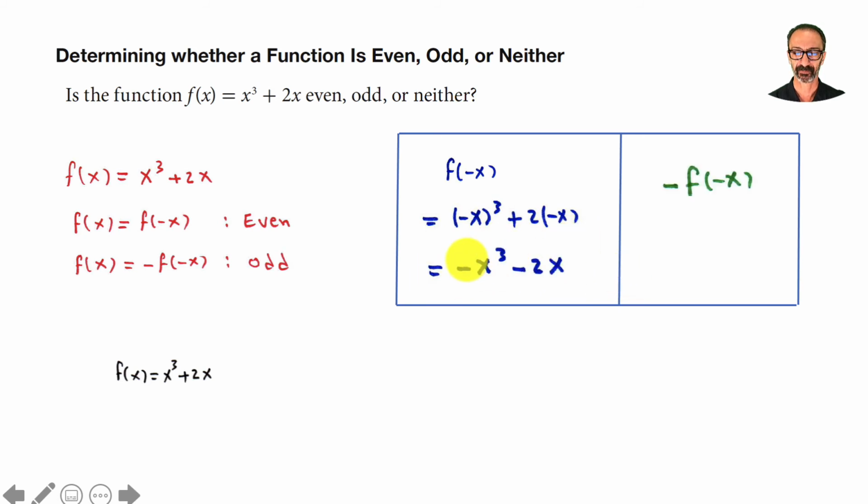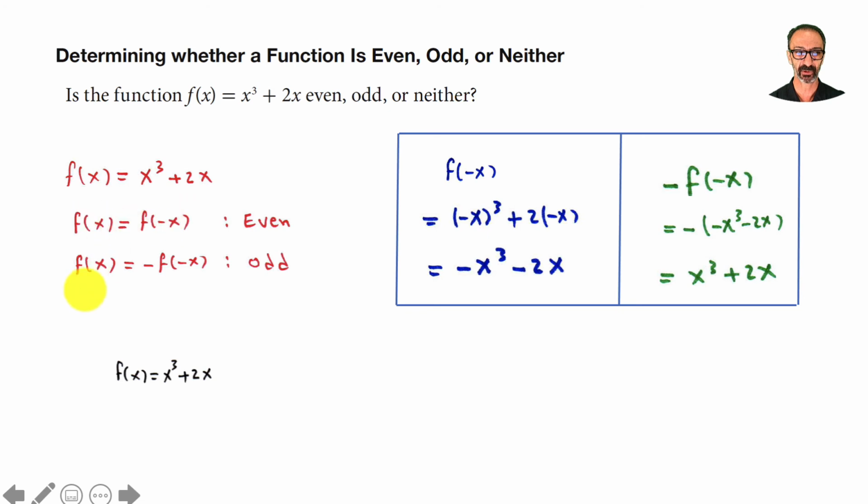Let's try this. Well, this is the opposite of f of negative x. This is f of negative x. Apply the negative. I get this. But I have originally f of x and I have f of minus x here and negative f of minus x right here. We're going to see which ones are equal.